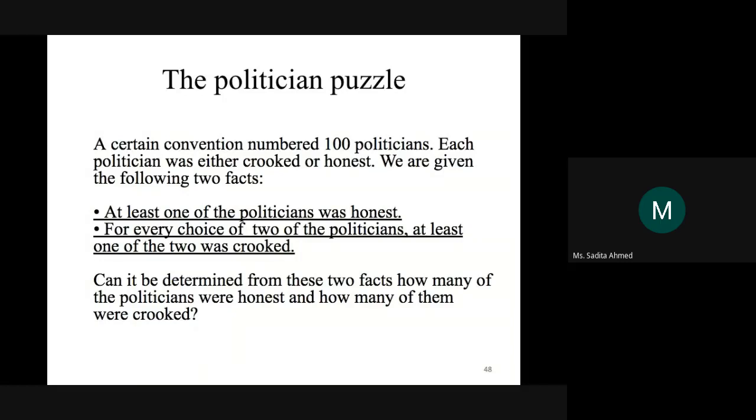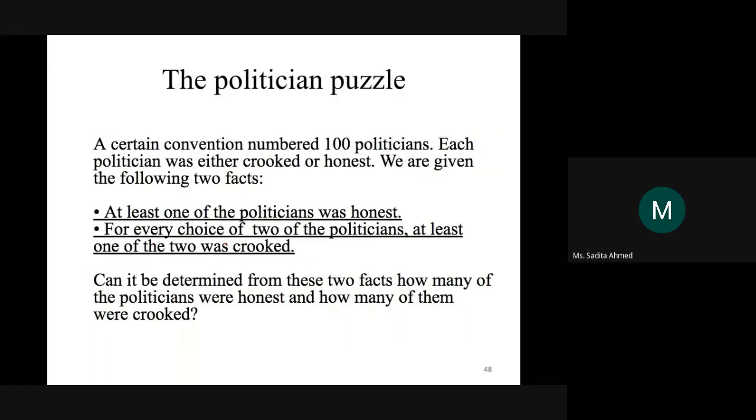Only if there is no more than one honest politician here. Only if there is not more than one honest politician will you have this scenario where both politicians at the same time will never be honest, right? If there were more than one honest politician, at some point I would get a pair where both politicians are honest. However, that is not the case here. The fact says that will never happen. Now think about why.